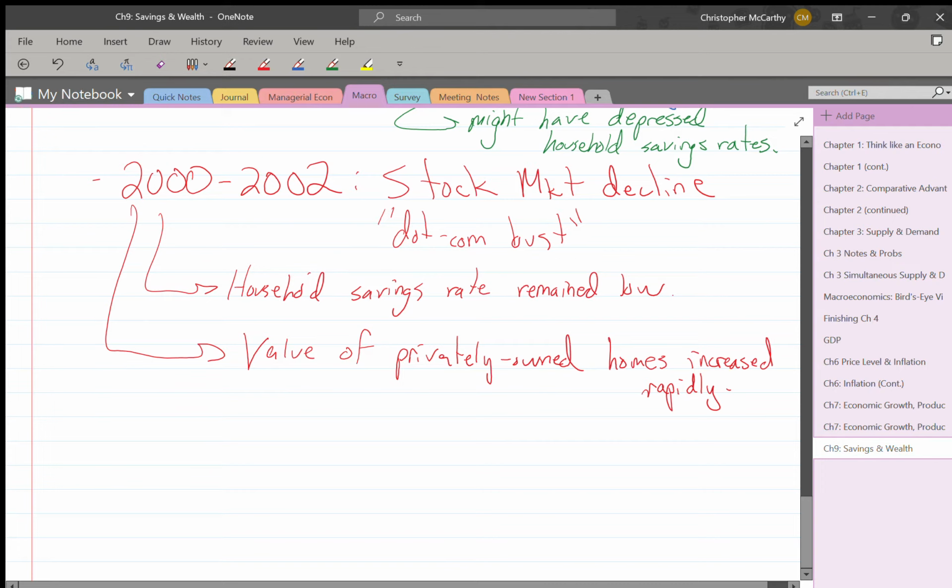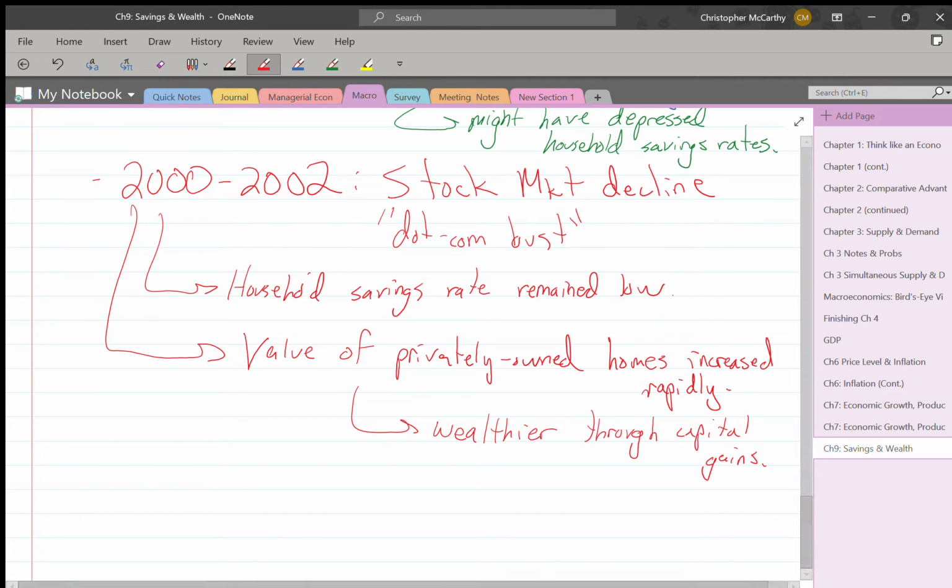And so the value of these homes essentially meant that what? If the value of your home increased rapidly, then that meant what? You were wealthier. Again, through capital gains. So more downward pressure on that savings rate.